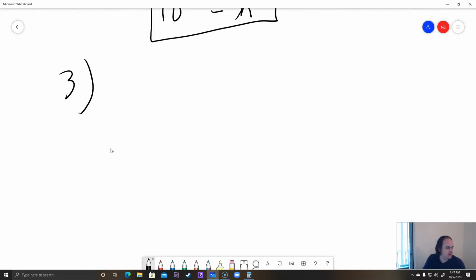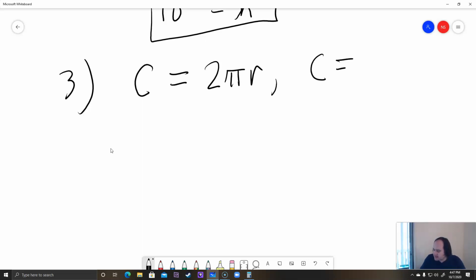Here, our formula is capital C equals 2 pi r. Okay? And here they're telling us that capital C equals 50.2.